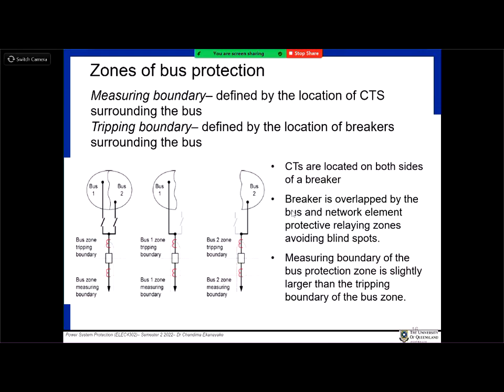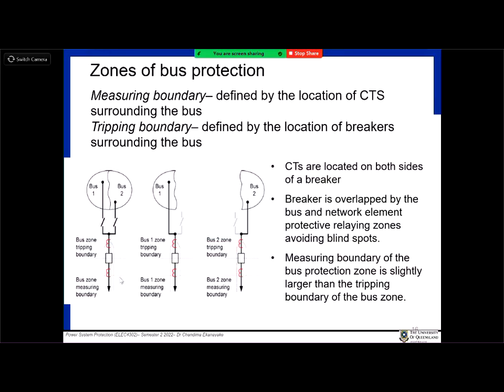If you are looking at the bus protections, then we need to look at measuring boundaries and tripping boundaries. As I said before, in this particular case, this is the tripping boundary. That is the point where you trip the circuit, but your measuring is here.